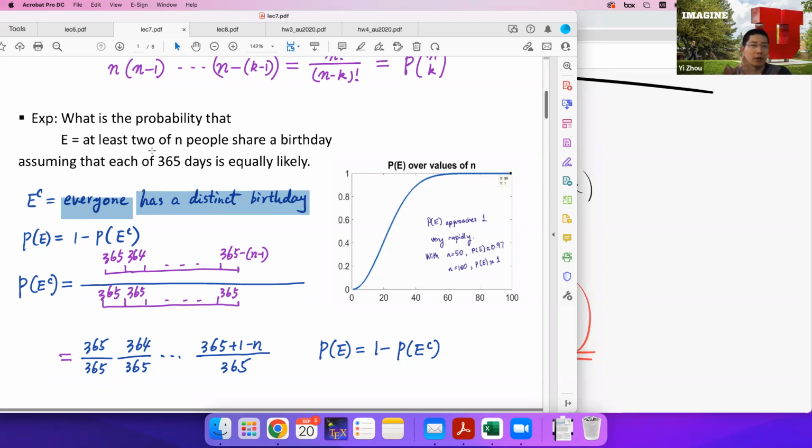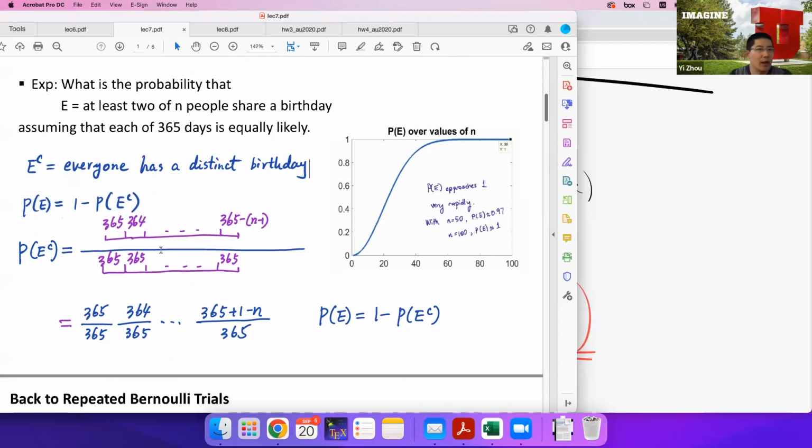Otherwise, you will have at least 2 people that share a birthday. And this is much simpler to analyze because in this complement event, everybody must be distinct. And from the probability law, we know that P(E) is 1 minus the probability of this complement. So if we can figure out the probability of the complement, we can figure out the probability of E. And the nice thing is that this complement is very easy to calculate the probability, because the complement means everybody has a distinct birthday. Okay.